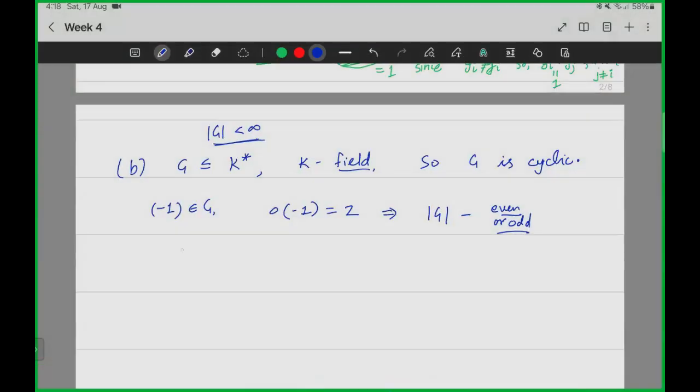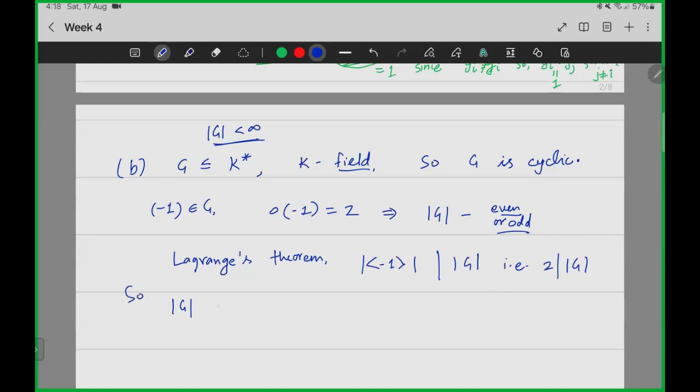What does Lagrange's theorem tell? Lagrange's theorem tells that for any subgroup, the order of the subgroup divides the order of the group. So the order of this subgroup divides the order of G, that is, 2 divides the order of G. Right? So what should be the order of G?